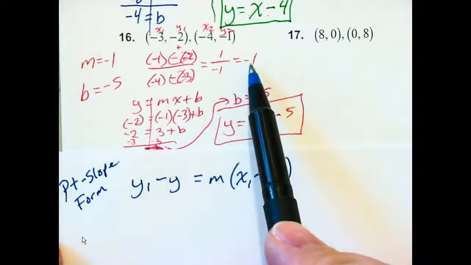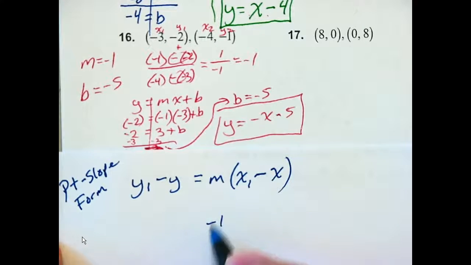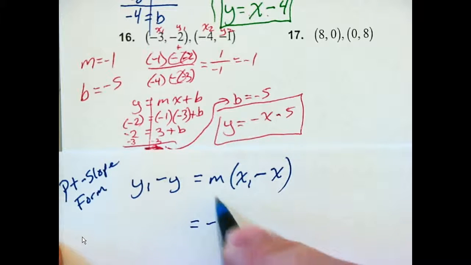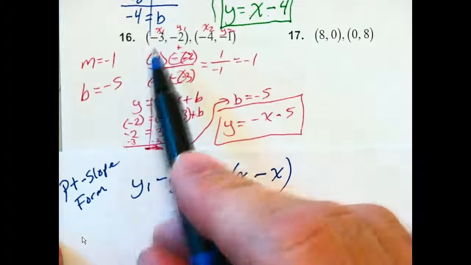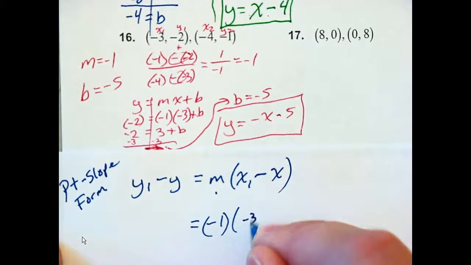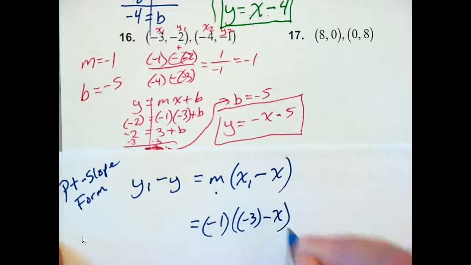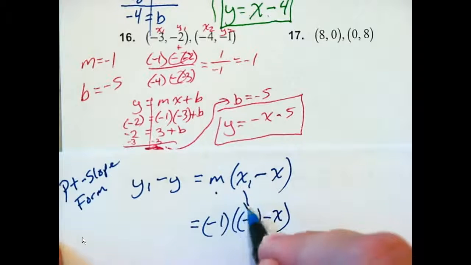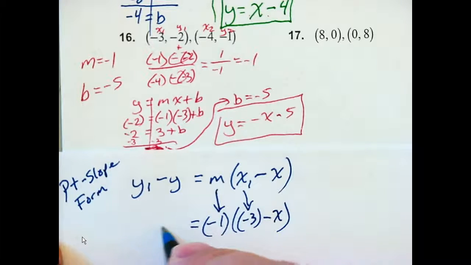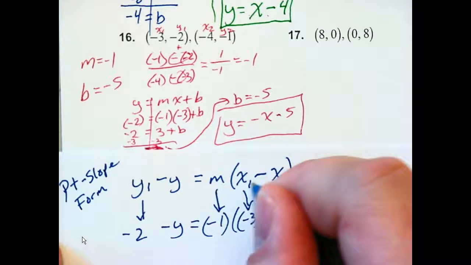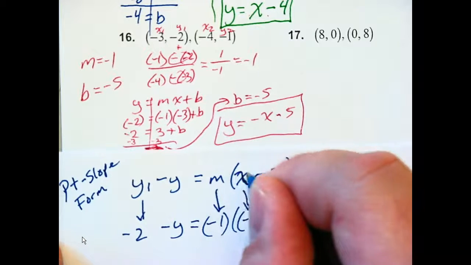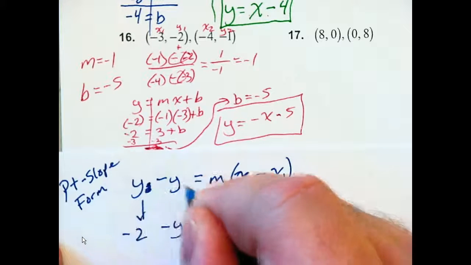So what I'd do is I'd use my slope, plug that in. I'd use a point, so whichever point you want, so maybe we use this one, -3. That becomes our x1. And then our y1 is -2. Oops, excuse me. I've got this backwards. This is x minus x1. Sorry. And that's y minus y1.